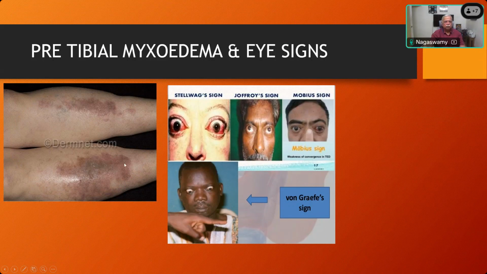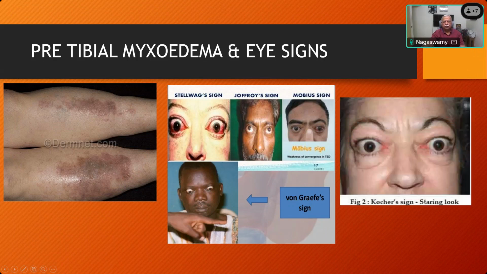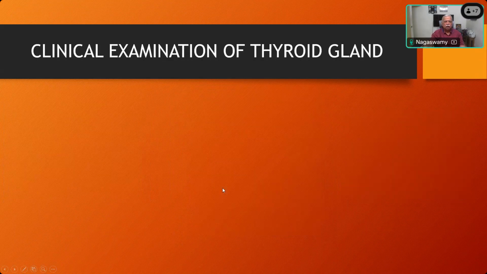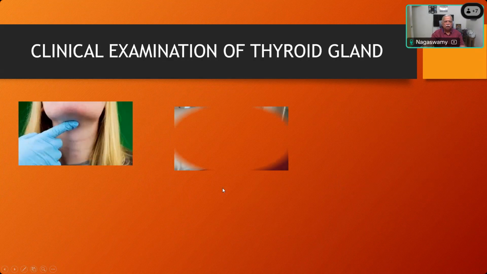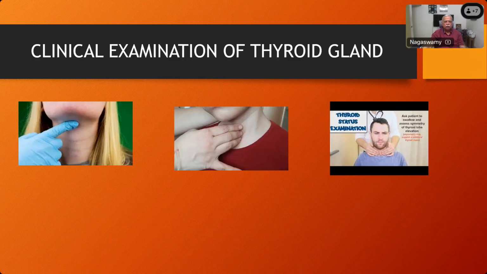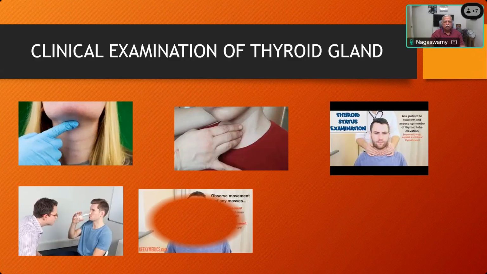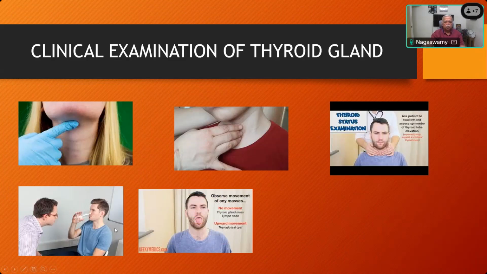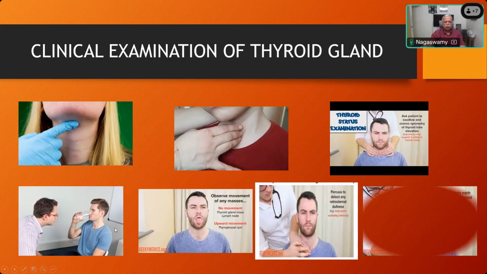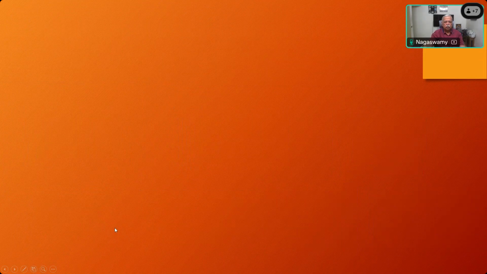This is called pretibial myxedema in hypothyroidism. And this is Kocher's sign of staring look. And this is how you examine the gland from the front, to the upper and lower extent. And this is how you do the thyroid swallowing test.